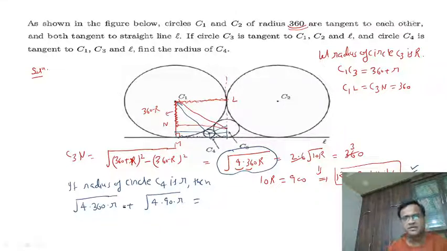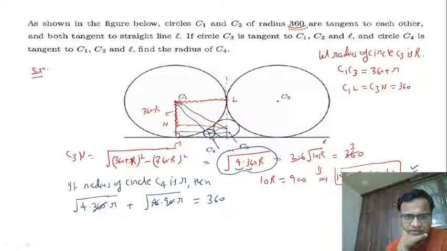This total sum becomes the length of the direct common tangent between C1 and C3, which is clearly the radius of C1, or the radius of circle C2. So this sum is equal to 360.